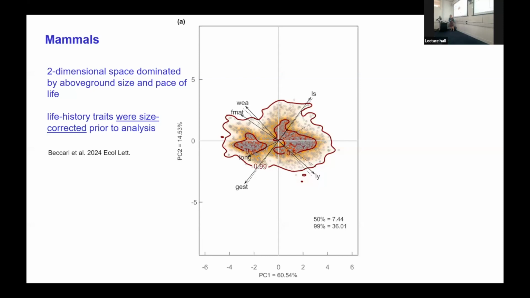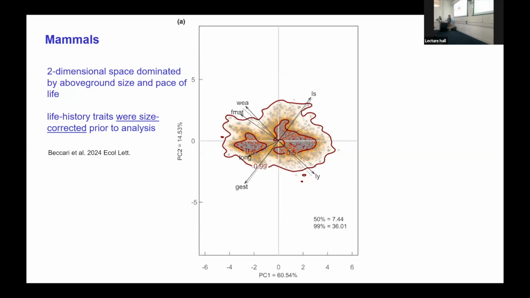And the second dimension has to do with heteroparity versus semelparity, and the degree of maturity of the offspring at birth. You see here, there's no body size in this phenospace, but that's because the authors, after very explicitly acknowledging that body size is overwhelmingly important, chose to standardize all traits by body size prior to analysis. That's why you don't see it here.